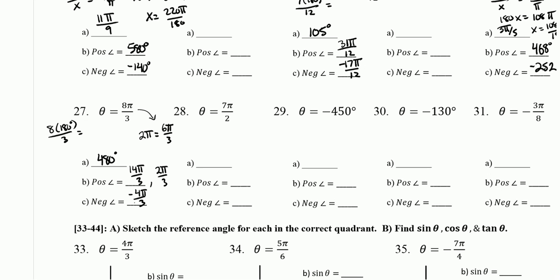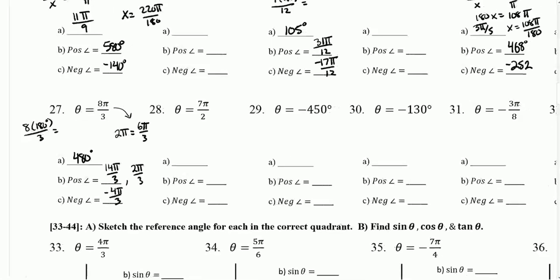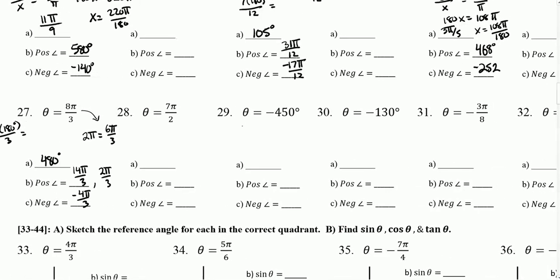29, we got negative 450 degrees, and negative 450 converts to x, and that's going to equal 180 degrees, which converts to pi. Cross multiply, 180x is negative 450 pi, x is negative 450 pi divided by 180, just need to reduce.